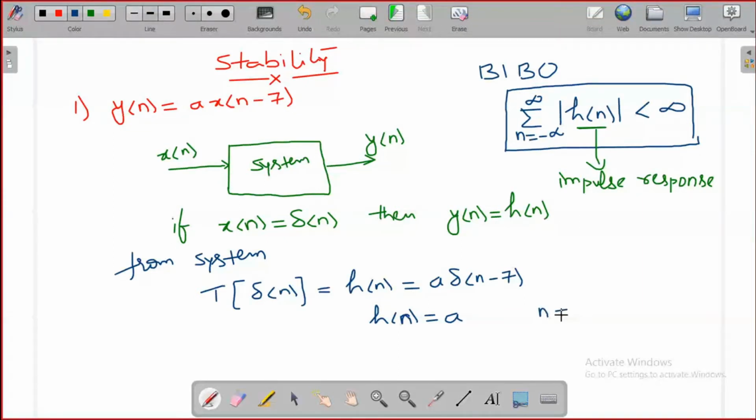For all the remaining values, the impulse signal is 0, so obviously the product is 0. So the impulse response is 0 for n not equal to 7.